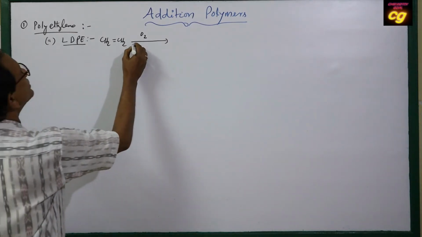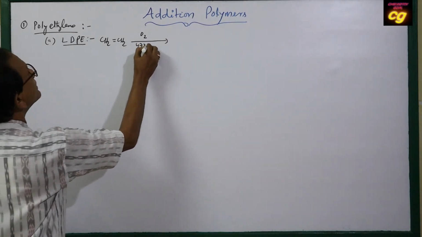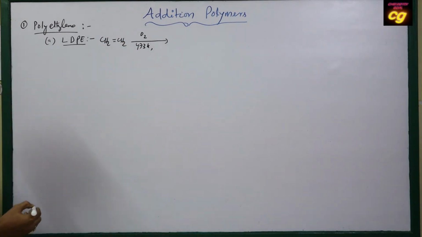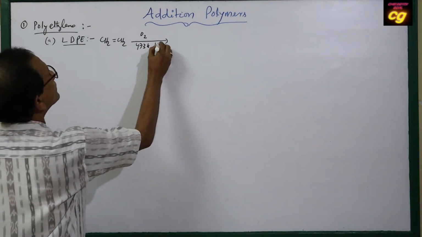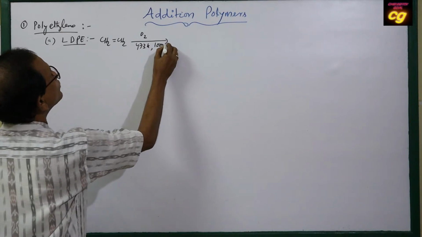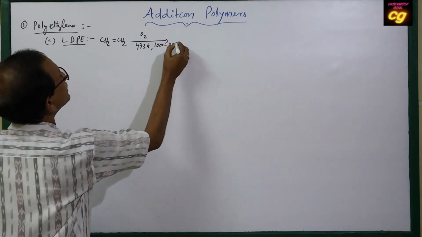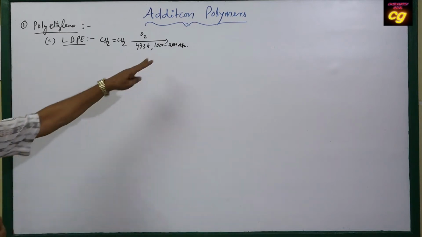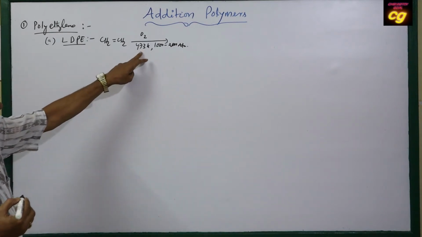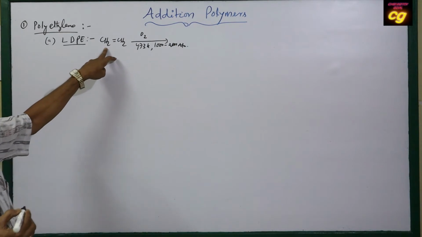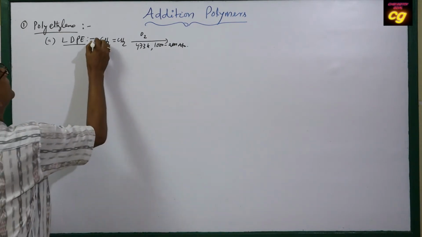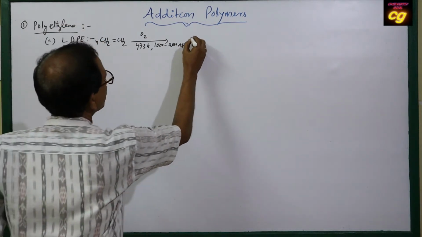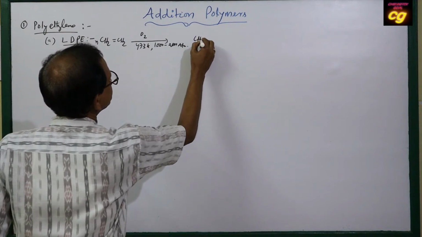The temperature is 473 K and the pressure is around 1000 to 2000 atm. High pressure and high temperature are maintained for the polymerization of ethylene. N number of ethylene molecules combine to produce polyethylene.